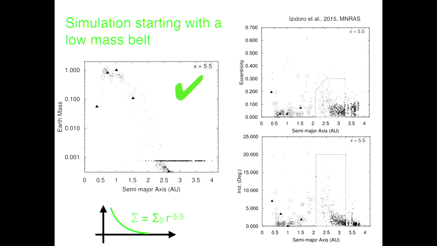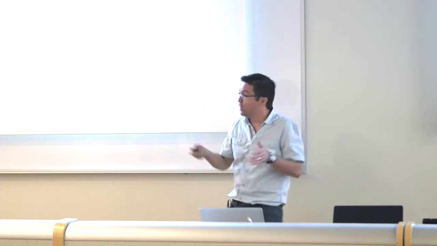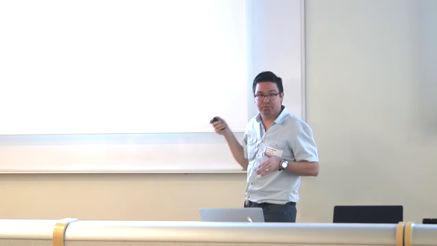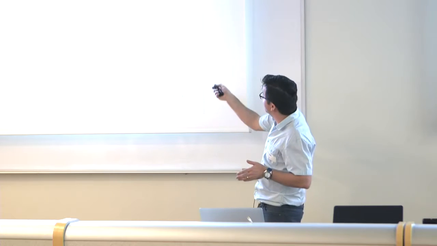Simple. There's no mass in the belt to scatter planetesimals up to 20 degrees of inclination and up to 0.3 of eccentricity. So what's going on here is the following: you can produce Mars in the very low mass belt, but you cannot excite the asteroid belt because there's not enough mass there to pump up the inclination.